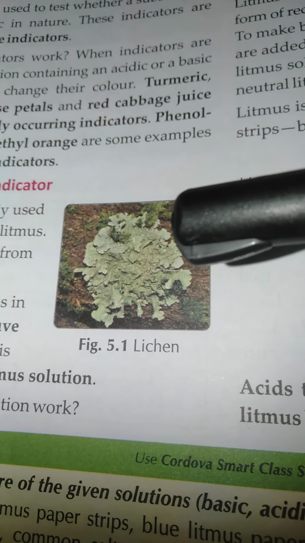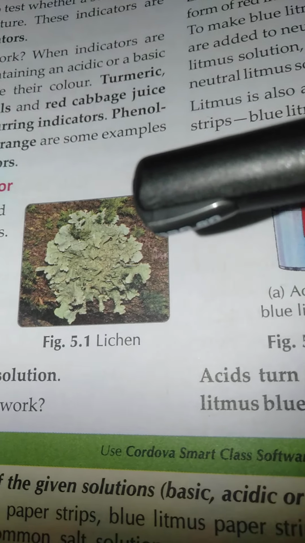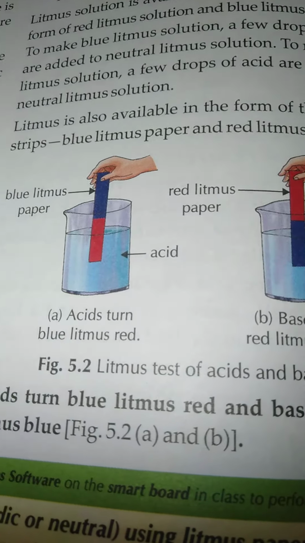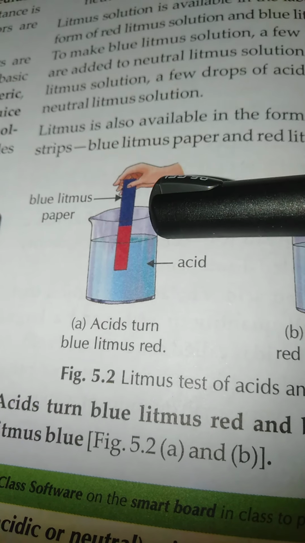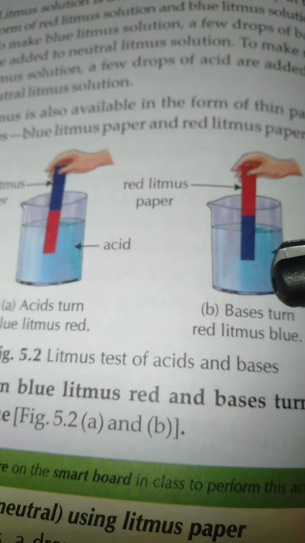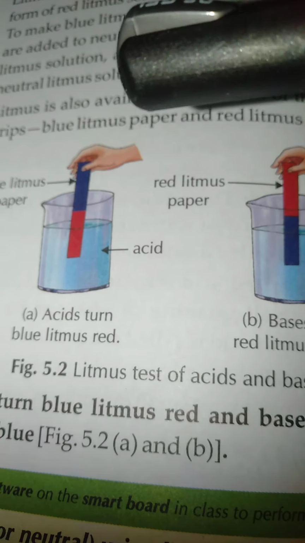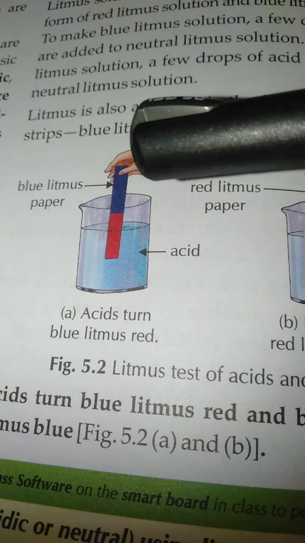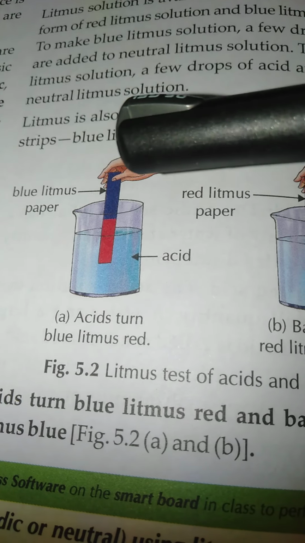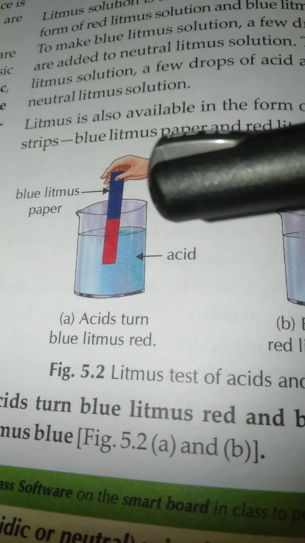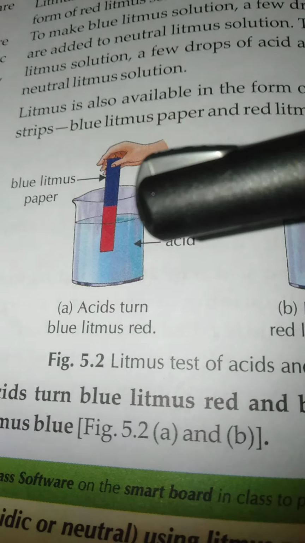Generally we can extract the litmus solution from these lichens. Here two solutions are given. This one is the acidic solution, and this one is the basic solution. This is a strip of litmus indicator that is available in the market also.